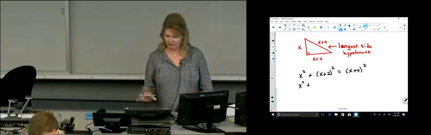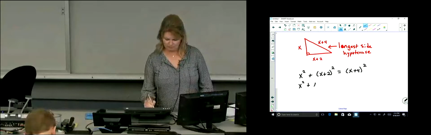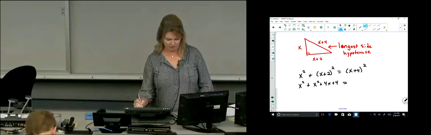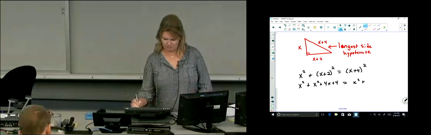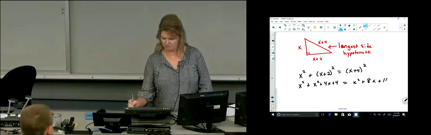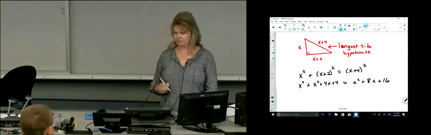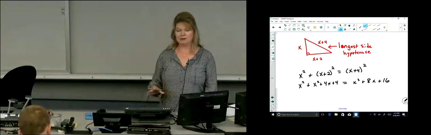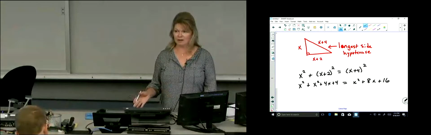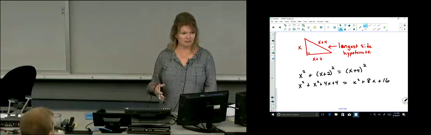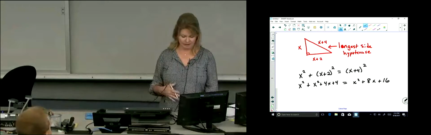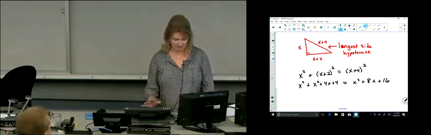So FOIL out x plus 2. FOIL the other side. You have x squares everywhere. You know this is a quadratic. You want to get it set equal to 0. So we're just going to move everything to the left-hand side, combine like terms.